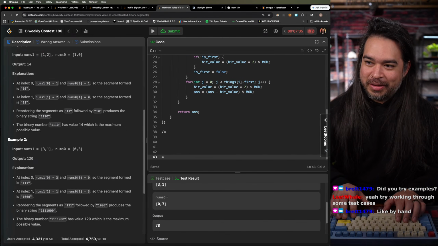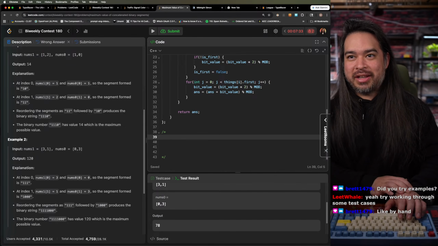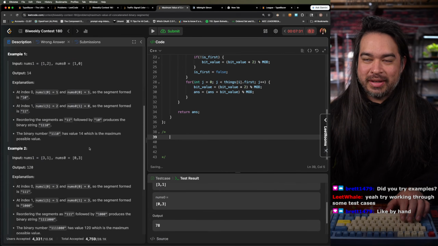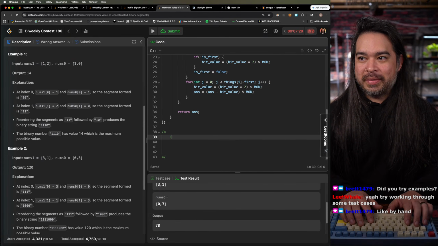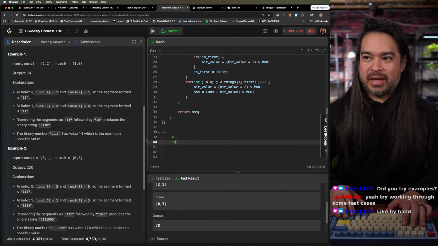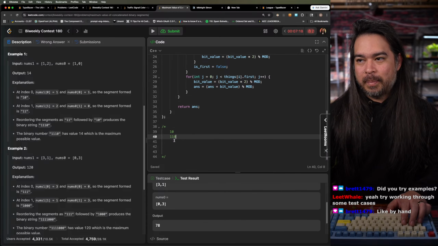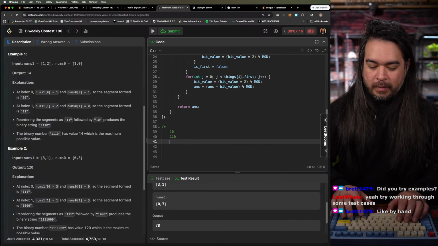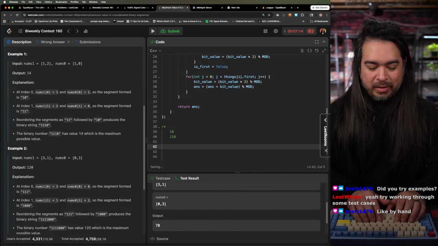Let's bust out the old ASCII multi-line comments. Here we go. So we got 1, 0, and we got 1, 1, 0. So that's example 1. Let me put these bit positions in as well.